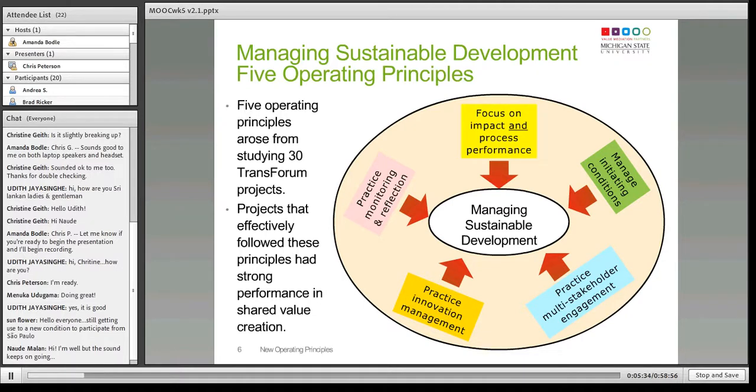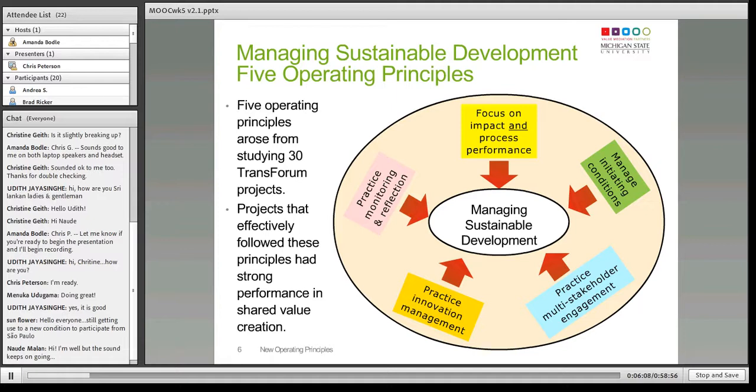They're listed here in this diagram, and essentially the projects that were able to follow these 5 principles tended to have a lot stronger performance in terms of shared value creation. And again, just getting these ideas in your mind for the moment, you need to focus on impact and process performance, and we'll make that distinction pretty clearly for you here in a couple of minutes.